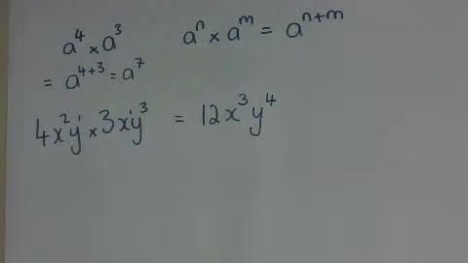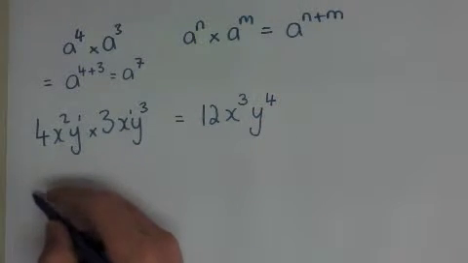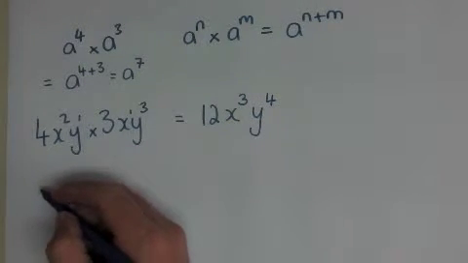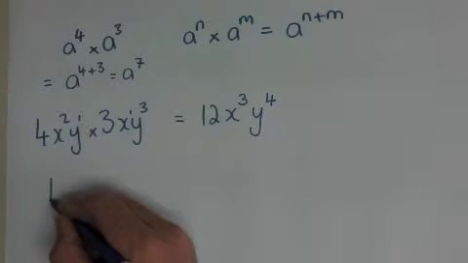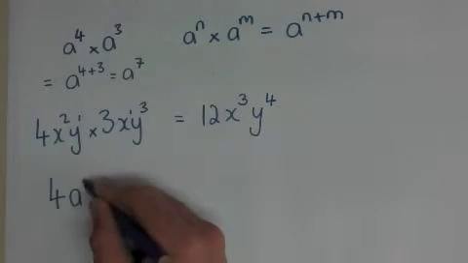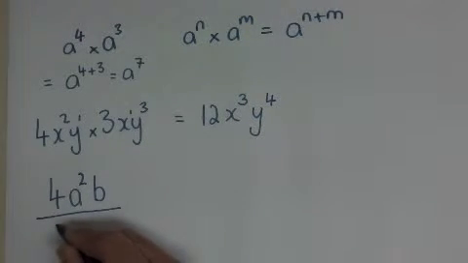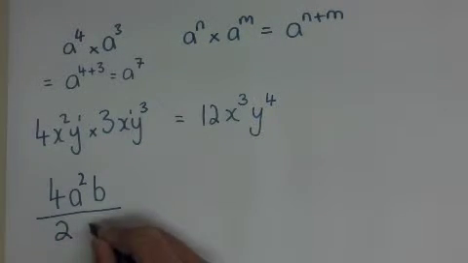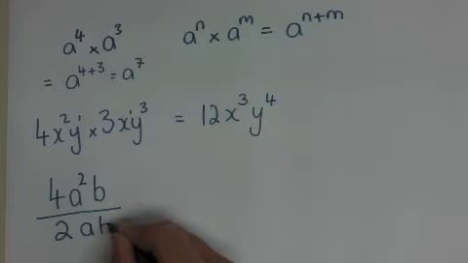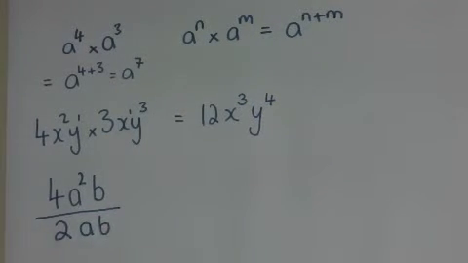Now, of course, I can go one step further again, and let's start using some different indices laws. If I had 4a squared b, and I was dividing that by 2a b, I would first think about what is the indices rule that I have here.